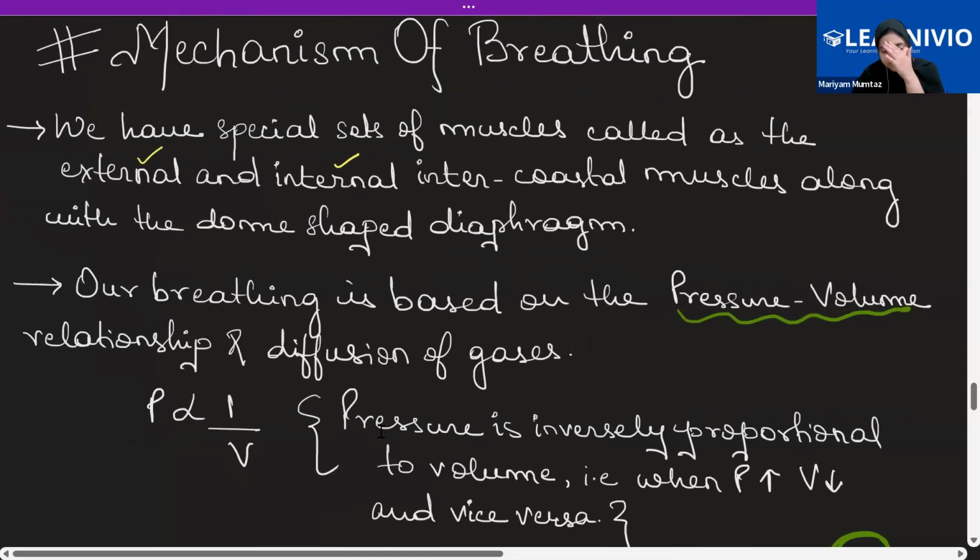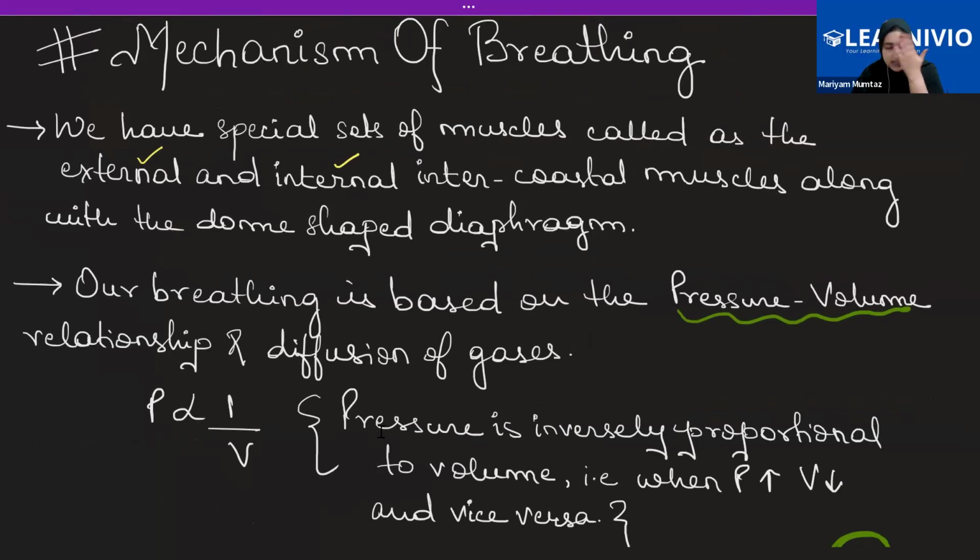Now, Jia, can you tell me what the different parts of our respiratory system are, quickly? Revise it. Start from the beginning. Nostrils. Then larynx. Nostrils are there, nasal chamber is there, and then that opens into the pharynx.